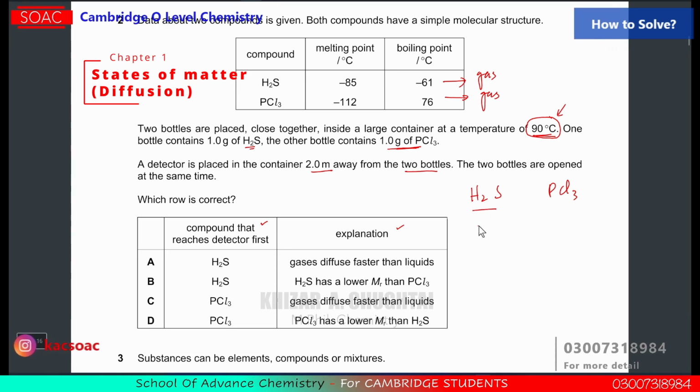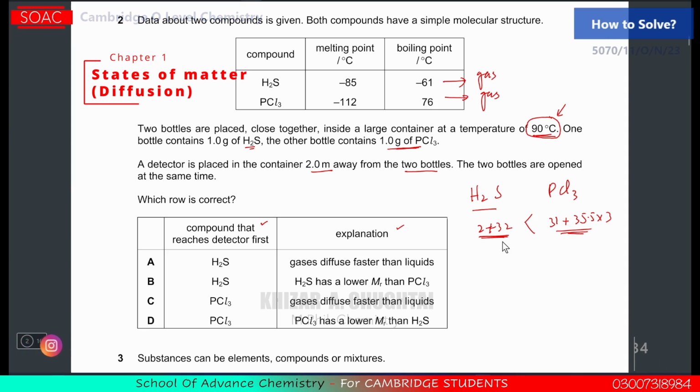H2S has a mass of 2 plus sulfur 32, and PCl3 has a mass of 31 plus 35.5 times 3 for Cl. Then obviously its answer will be higher than the answer for H2S. So the speed of H2S will be higher. Smaller the mass, higher the speed, and so on.